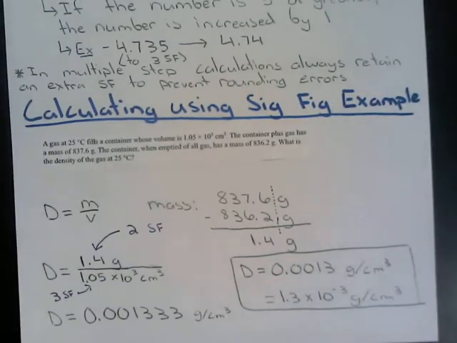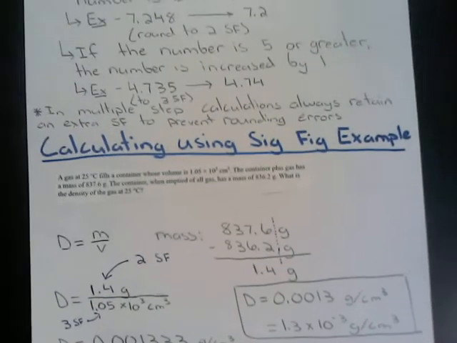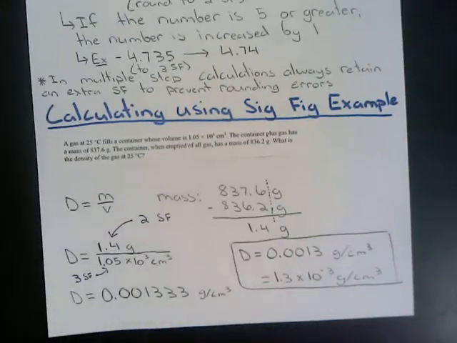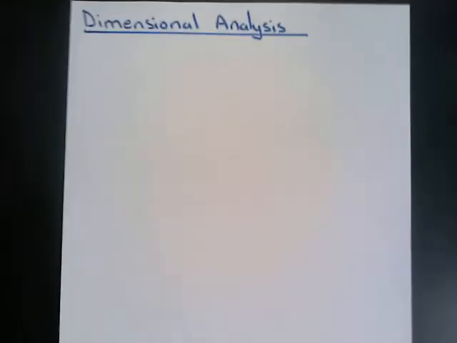Okay, so we have just one more major section here, and that is going through and using our dimensional analysis to get to some answers. So we'll go over some basic rules and regulations, and then we will transition to actually doing some problems.